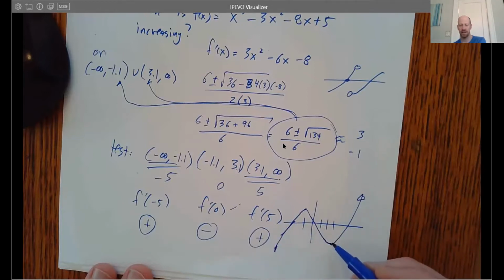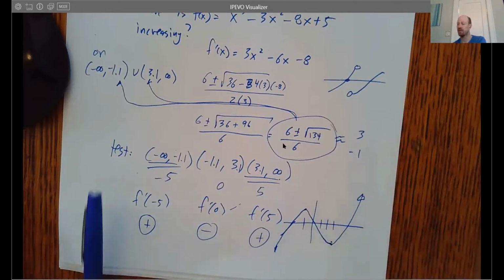Now, like I said, I don't know exactly where this stops, or how fast it's decreasing. But I know that it changes at those two values. So notice what that's telling us.